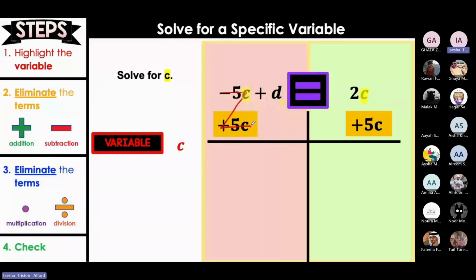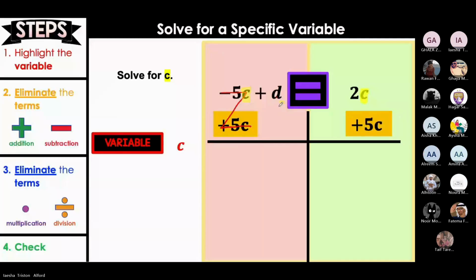The d, you're going to keep it down. The equal, you're going to keep it down. 2c plus 5c is +7c. So good, +7c.